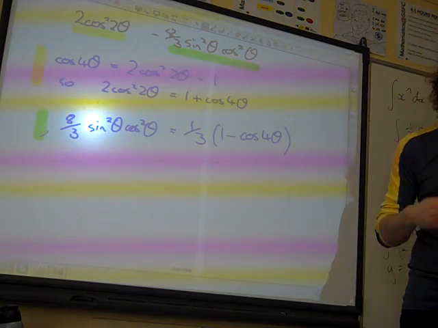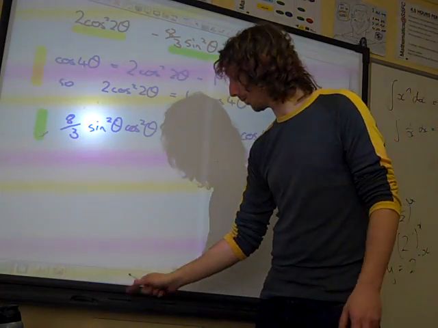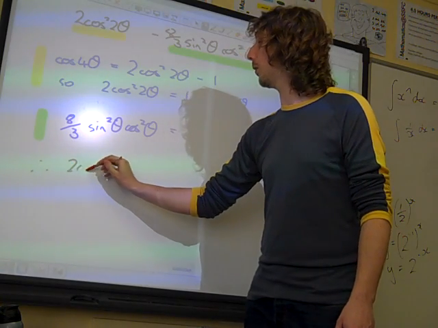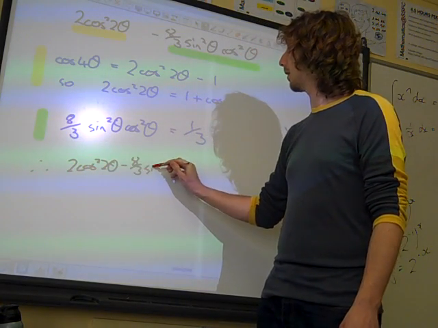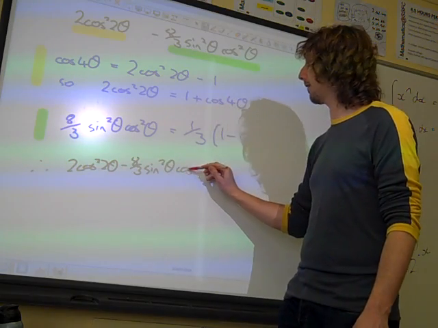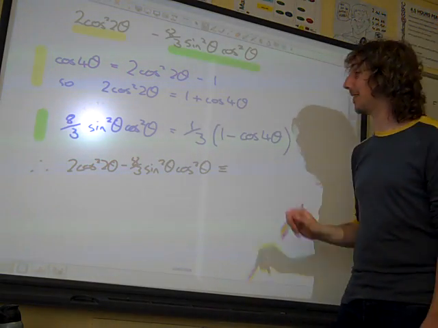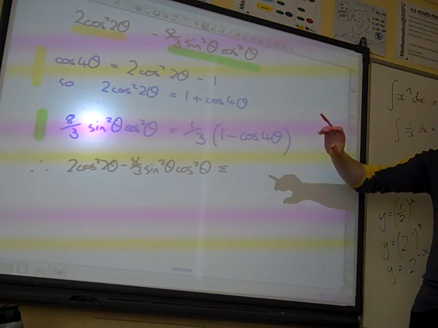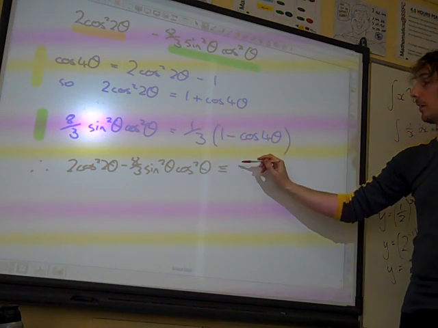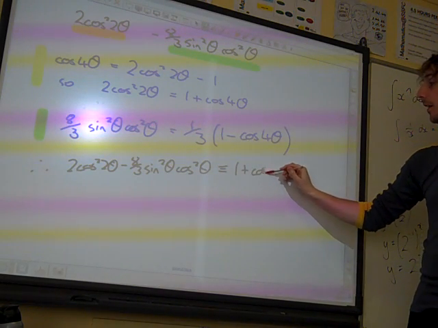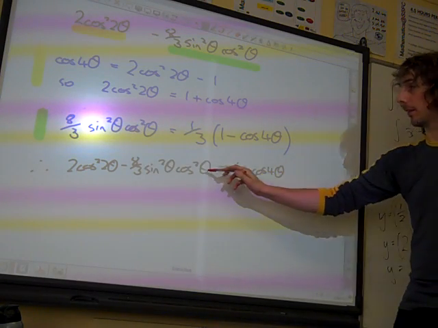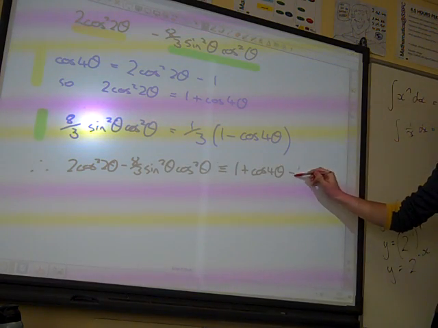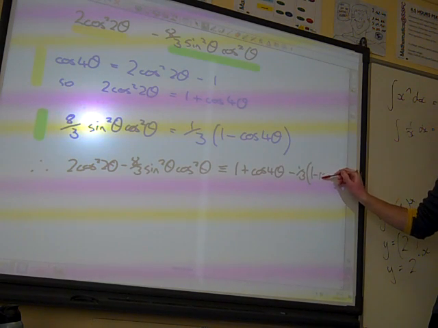So the original expression that we're talking about, 2 cos squared 2 theta minus 8/3 sine squared theta cos squared theta, that must be exactly the same as 2 cos squared 2 theta, so 1 plus cos 4 theta, minus 8/3 of all that lot, so minus 1/3 of 1 minus cos 4 theta.